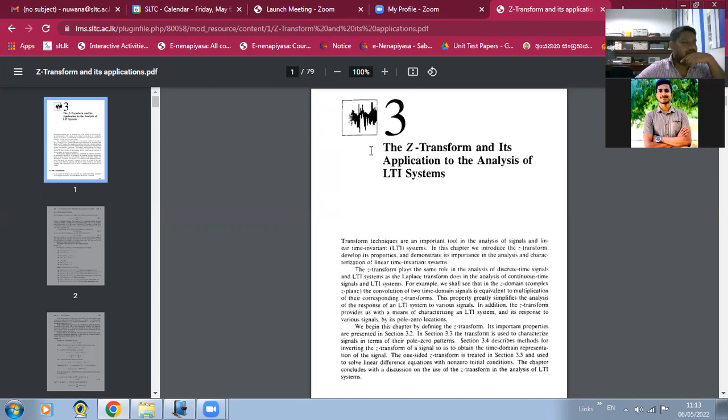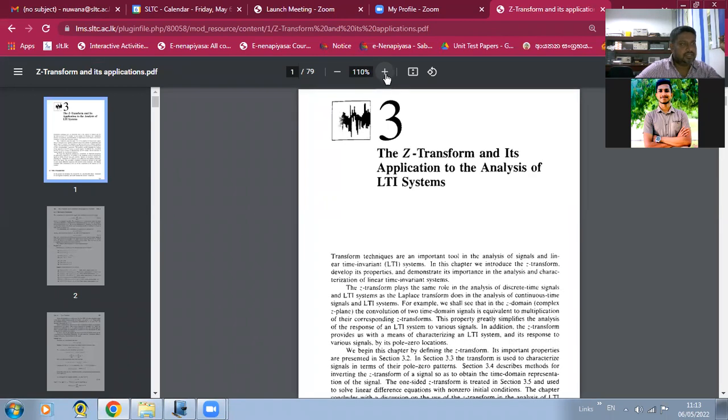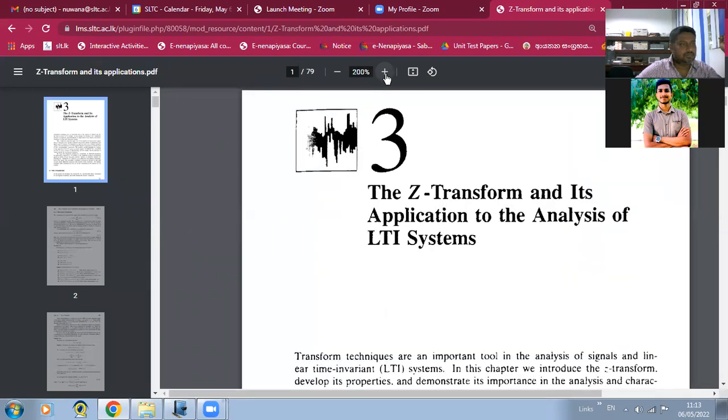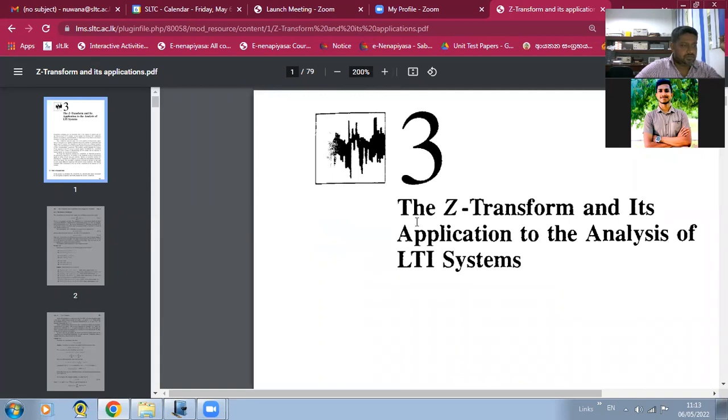That is the third chapter of that book. So if you have that textbook also, this is the third chapter. So we can use this as our note for this topic.